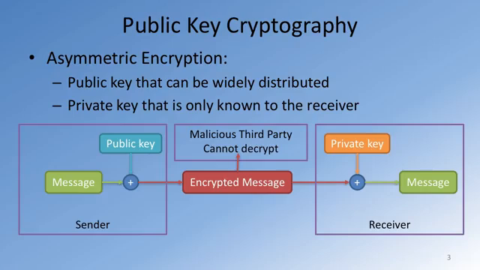Now, then your obvious next question would be, why not simply use public key cryptography for everything? The problem is that using public key cryptography for encryption and decryption is an expensive process. And so that is why we don't use public key cryptography for the entire communication.